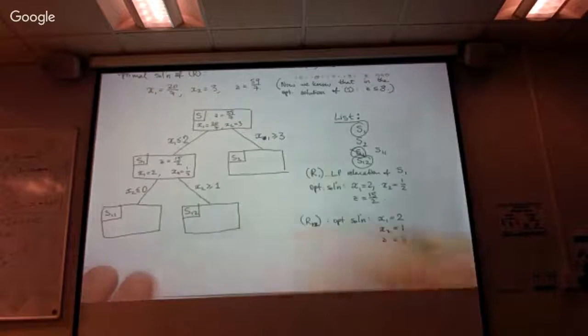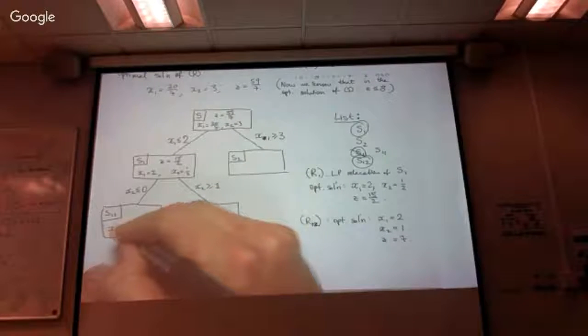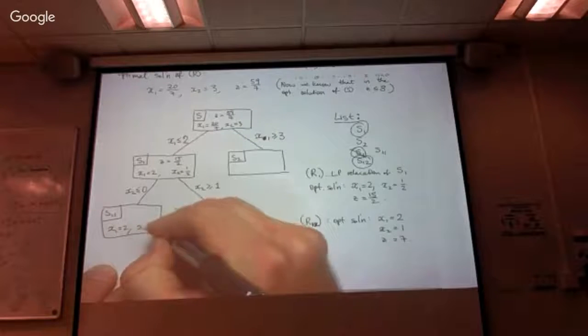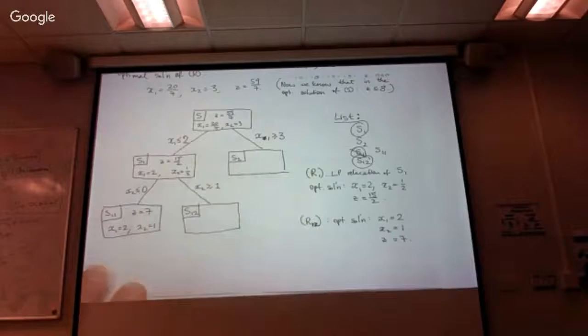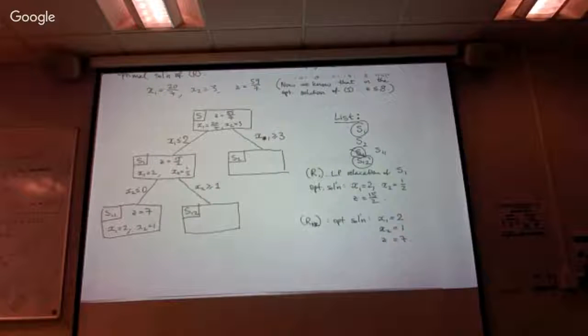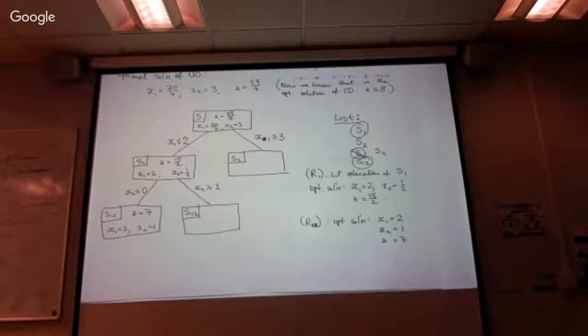So here we've got this. Does the tree branch there? You see, I don't know what I'm doing. I absolutely don't know what I'm doing. So where should it be? Here.